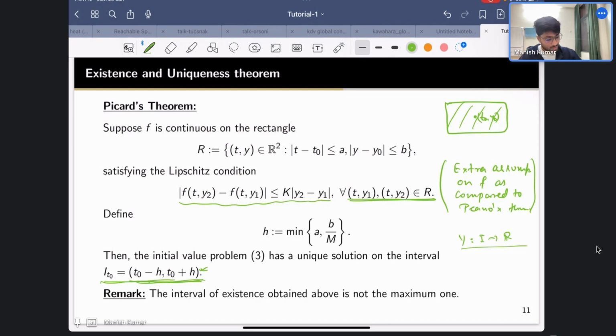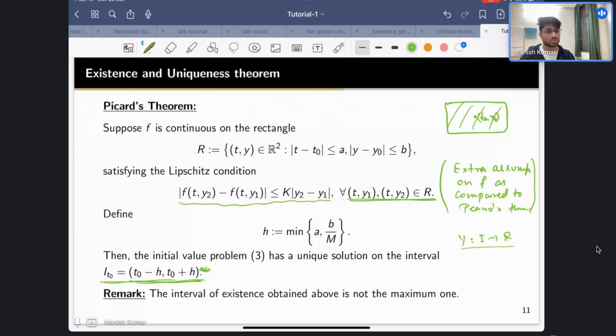But is the I we get from here the maximum interval? The answer is no. This theorem just says that in a neighborhood of t0 the solution will exist and be unique. It is not telling you that this interval will be the maximum one.